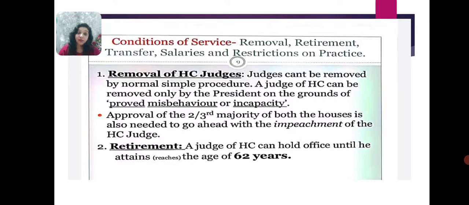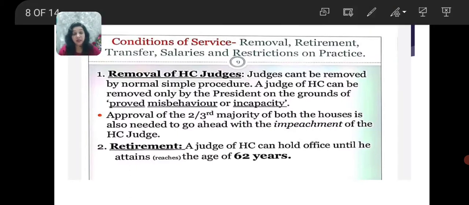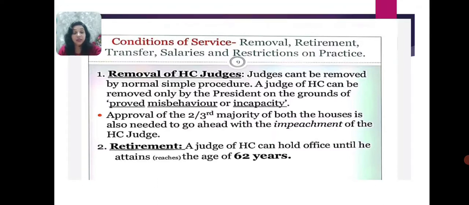Okay, then the retirement age of the high court judge: he can work until the age of 62 years. Okay, so we have already seen the term of the office. So till 62 years he can work, and after that he can go for retirement.